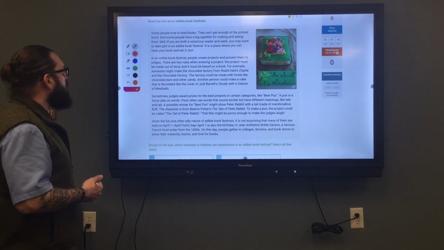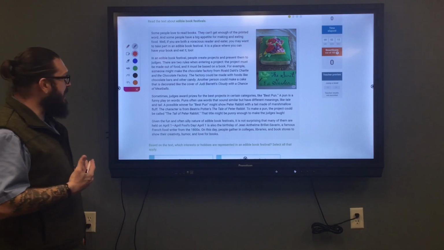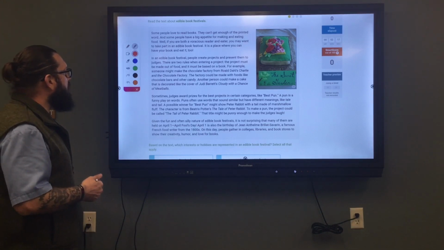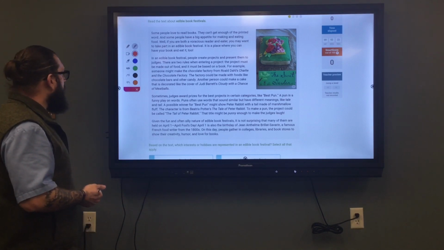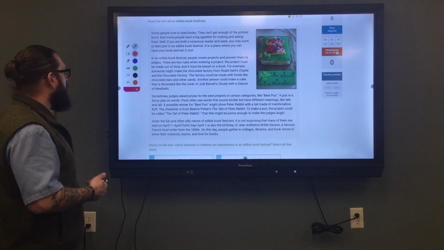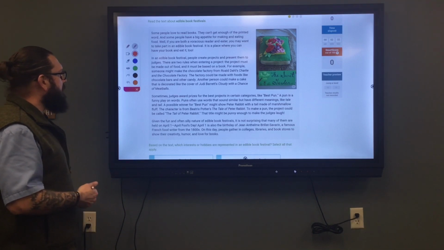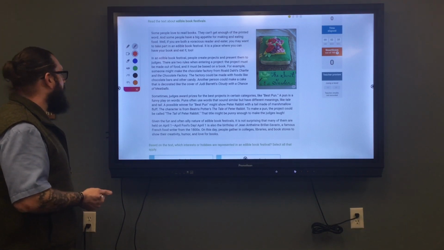Puns often use words that sound similar but have different meanings, like tail, T-A-L-E, and tail, T-A-I-L. A possible winner for Best Pun might show Peter Rabbit with a tail made of marshmallow fluff. The character is from Beatrix Potter, The Tale of Peter Rabbit. To make a pun, the project could be called The Tale, T-A-I-L, of Peter Rabbit. That title might be punny enough to make the judges laugh.